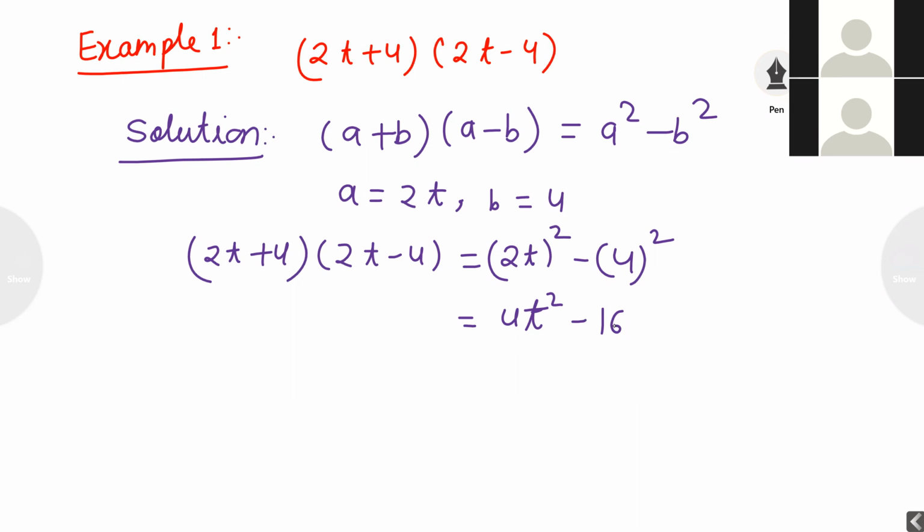Note down everyone. (2t plus 4)(2t minus 4) is equal to 4t square minus 16.